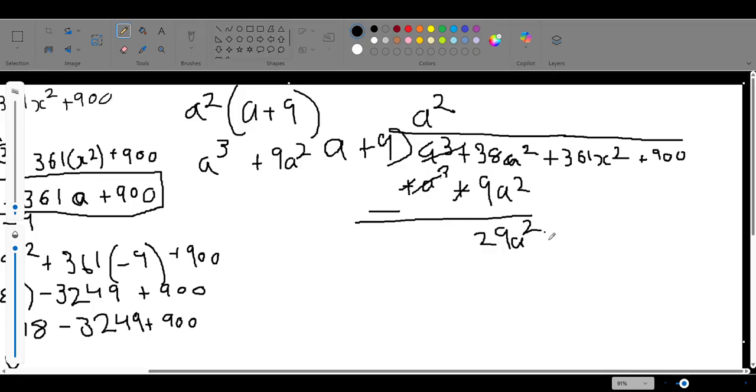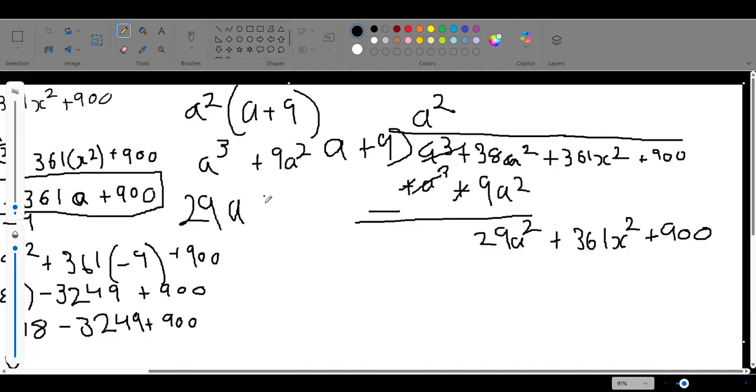And then we can bring down the rest of the terms, plus 900. Okay. Then we keep this next term and we see what we can multiply. What times a gives you 29a squared? That would be 29a.